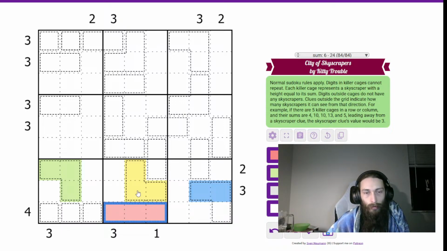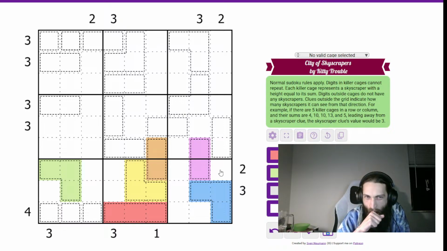But red is larger than yellow, which is larger than blue. If you look at row 7, it sees 2. But it's got 4 possibilities, and it might see both purple and orange.